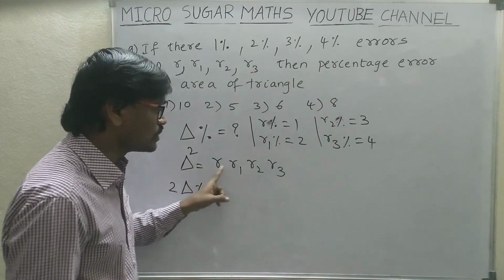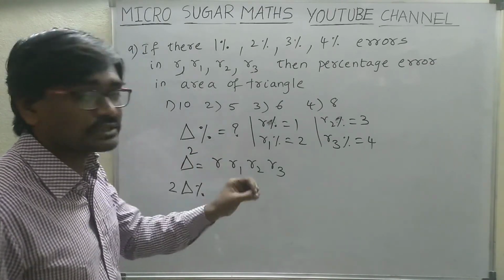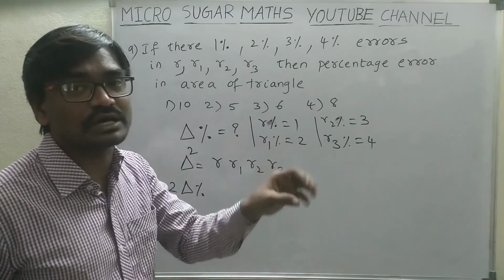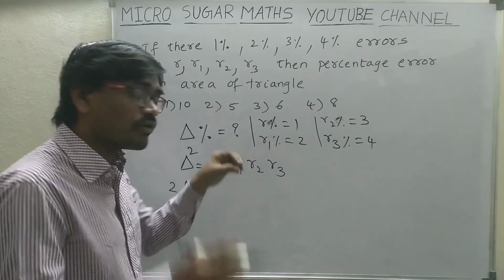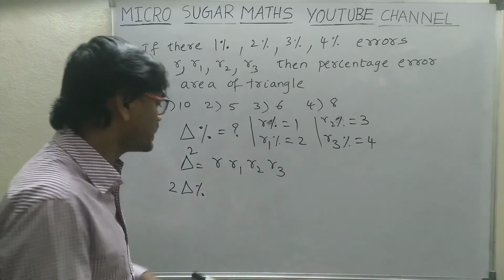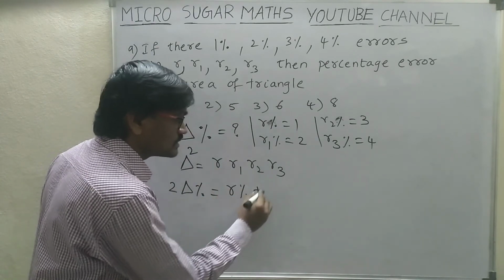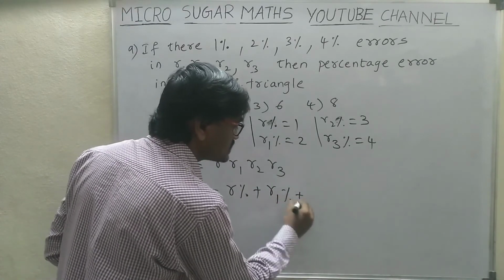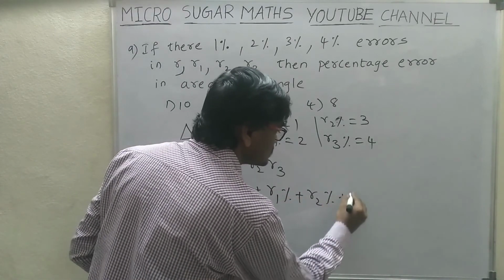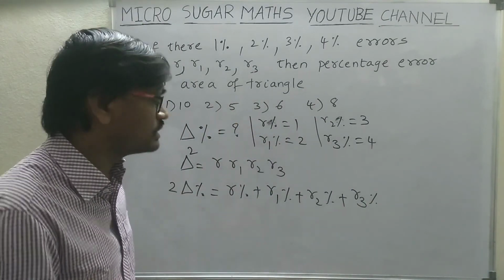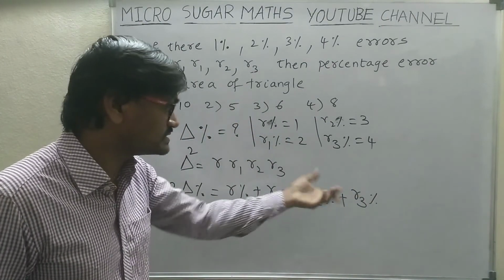Now students, when 2 or 3 variables are in product form, our percentage error is written as R percentage plus R1 percentage plus R2 percentage plus R3 percentage, the sum of the individual percentages.